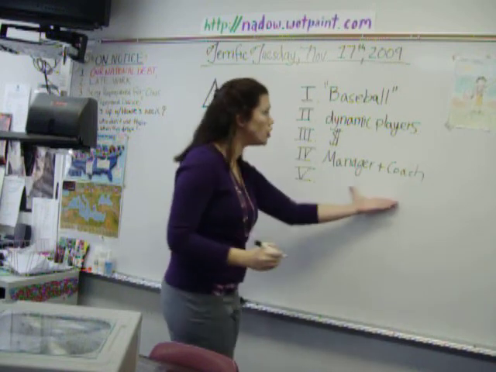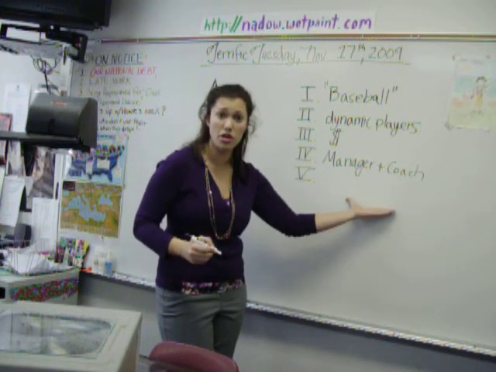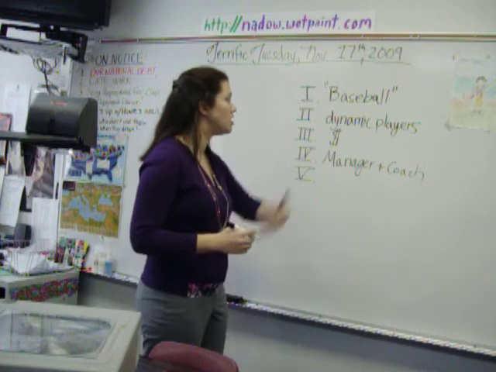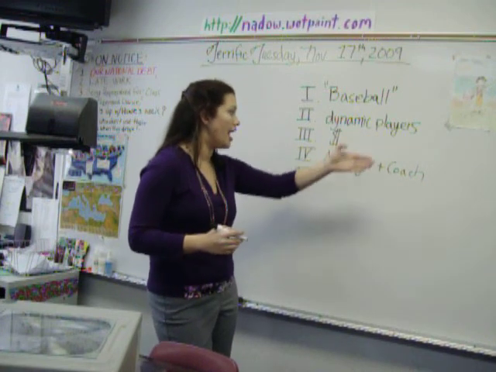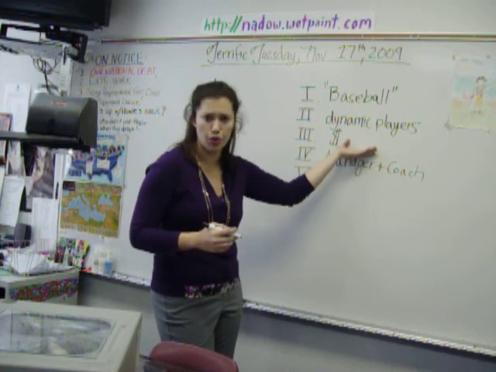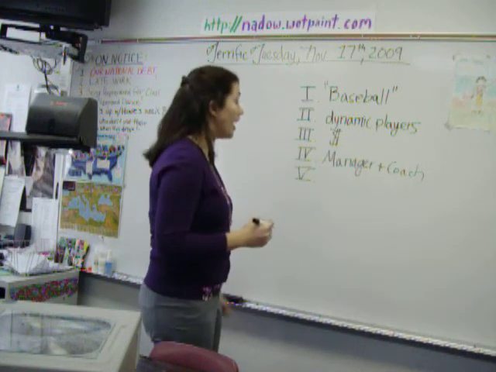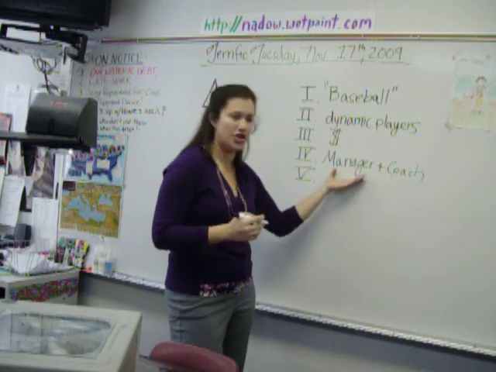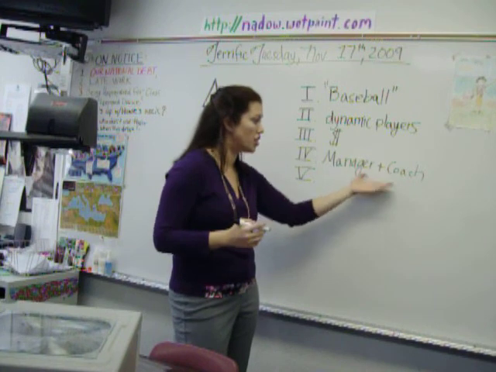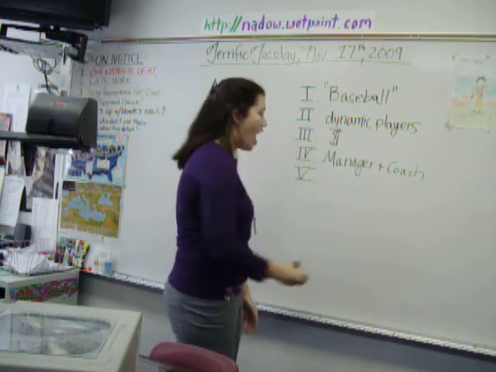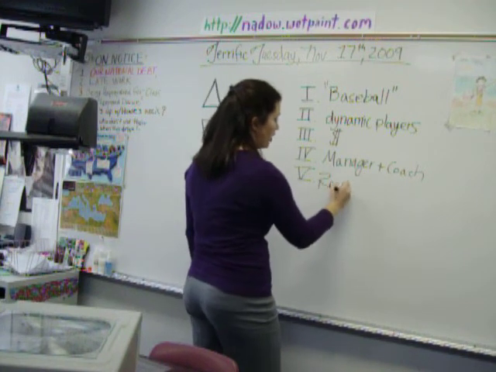And then in conclusion of my introduction, I'm going to say the team with the best and most dynamic players, a large amount of money, and that is able to afford excellent players, and also has an awesome manager, coach Terry Francona, and manager Theo Epstein. And then my favorite team is going to be the Red Sox.